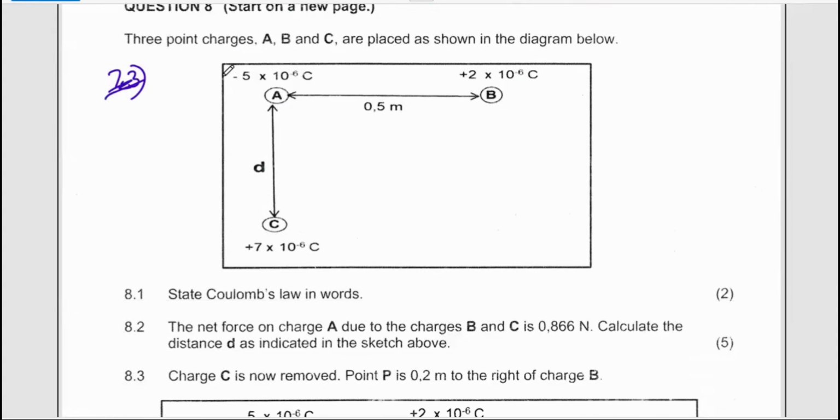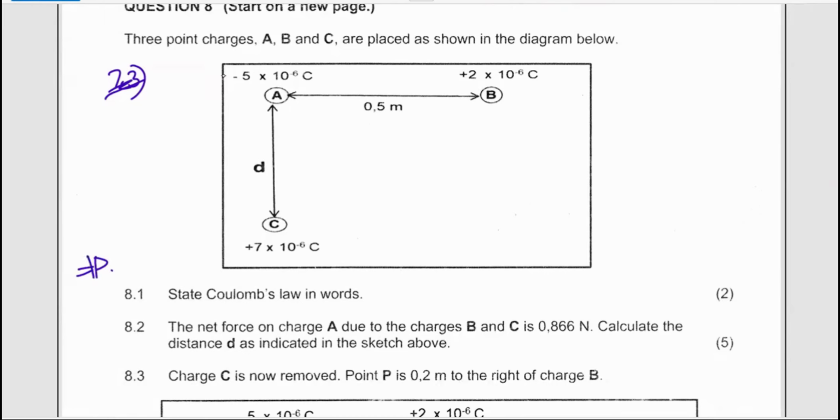Question 8: three point charges A, B, C are placed as shown in the diagram below. Can we state Coulomb's law in words? These laws we need to know, because they are just a giveaway.